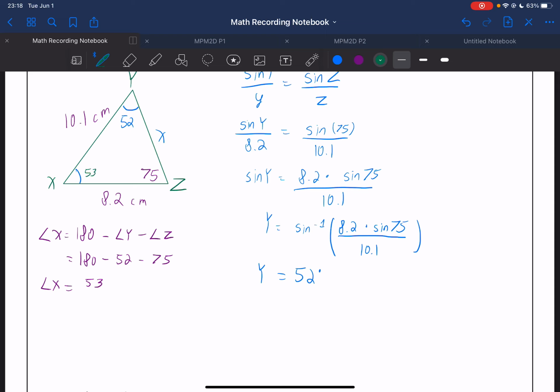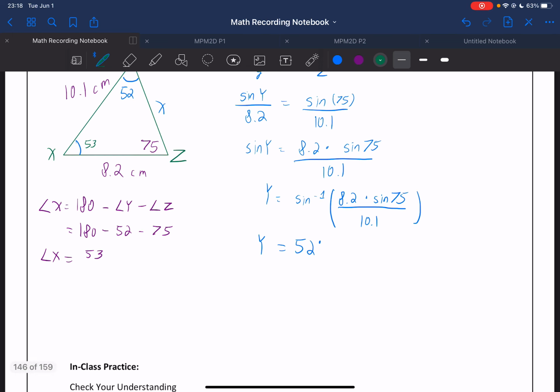Once we know the angle, we can now use our equation for sine law in order to find out what our last side is. I'm going to use x and z for this one. I'm going to switch to green. So x over sine x equals z over sine z. We put in what we know. We don't know what x is, but we do know it's sine 53 on the bottom.